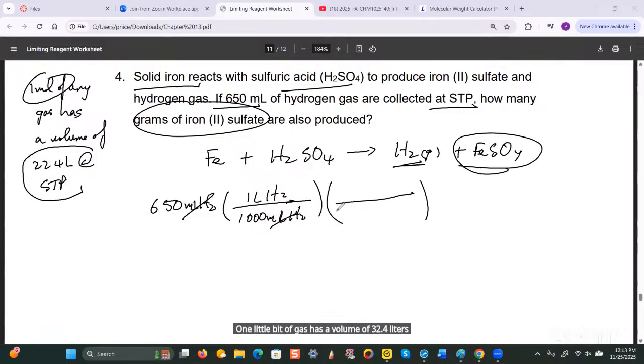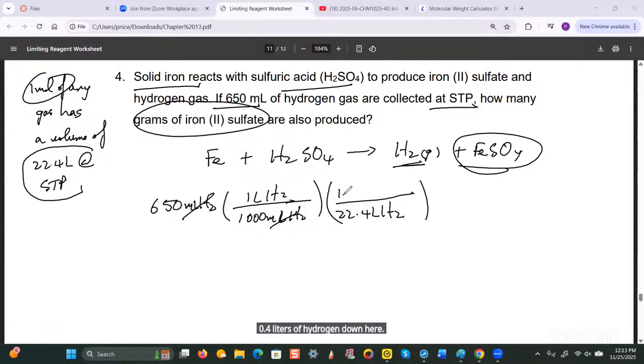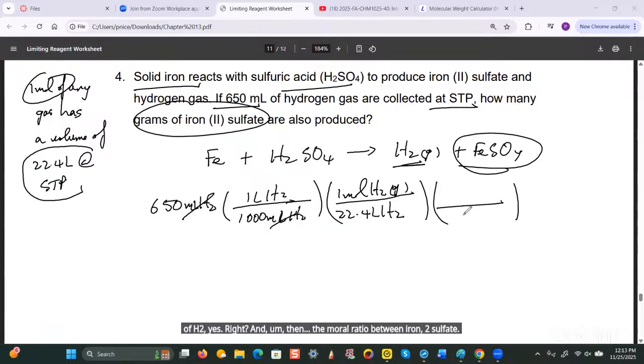So I'm going to put 22.4 liters of hydrogen down here, and up here I'm going to put 1 mole of H2 gas. And then the mole ratio between iron 2 sulfate and the hydrogen will come in this conversion factor.